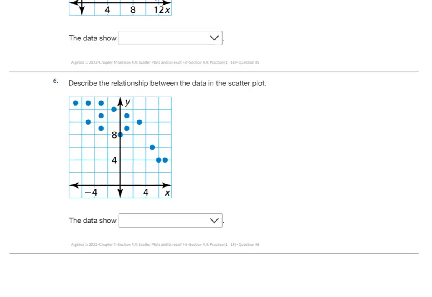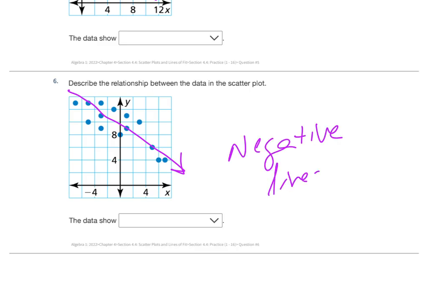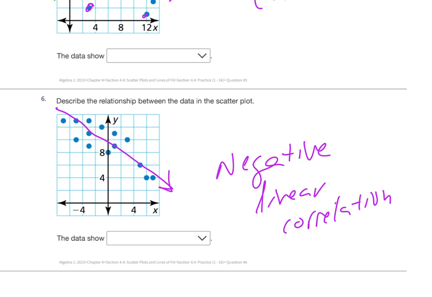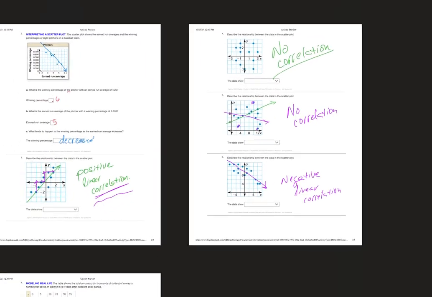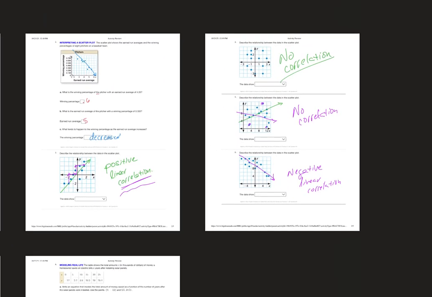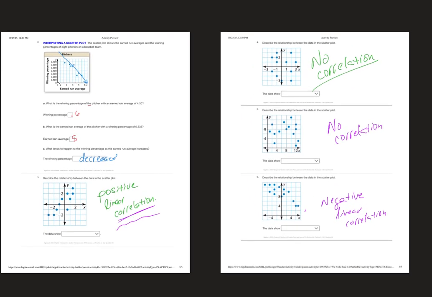Number 6, describe the relationship here. Now, this is where, okay, that seems, and maybe that's not very good, but that seems a little bit better. This has a negative linear correlation. And if you don't agree with the no correlation ones, let's zoom out and let me erase some of my dots and lines, and compare now that they're all on the screen together.